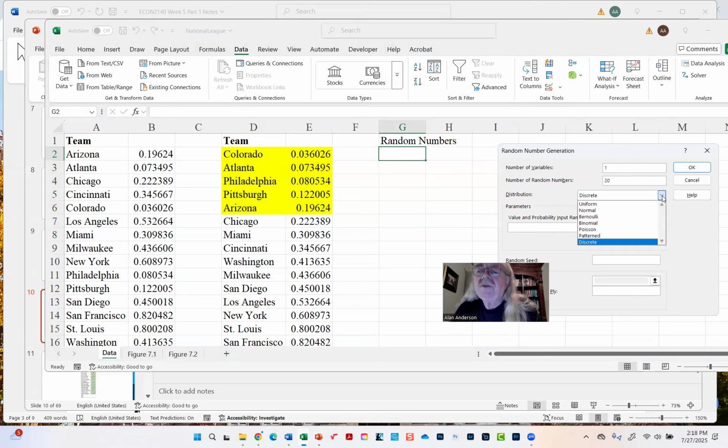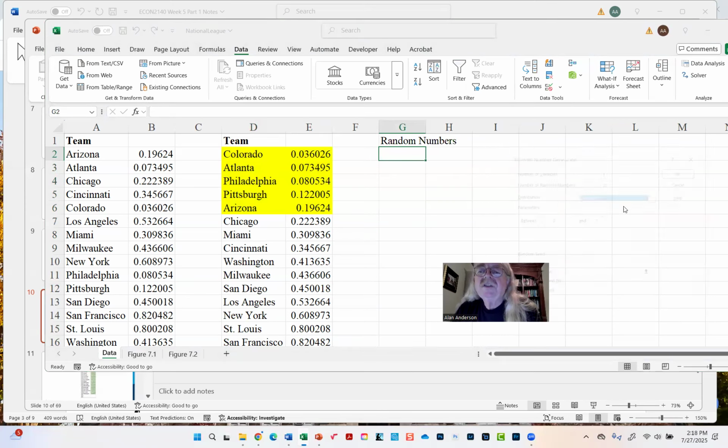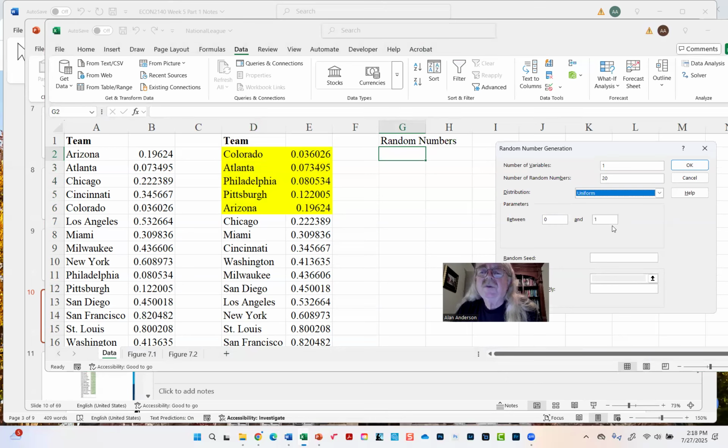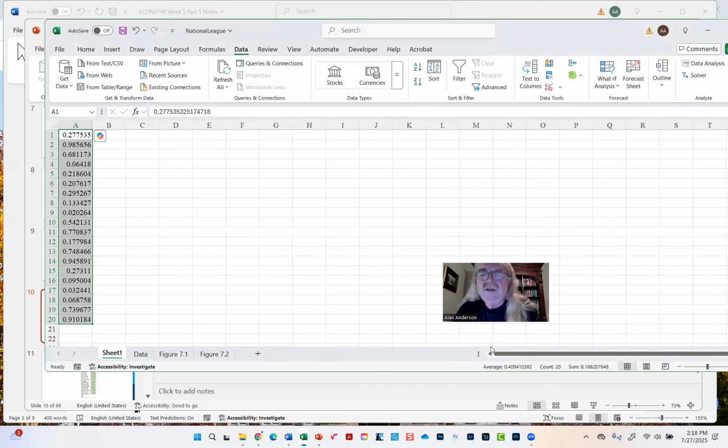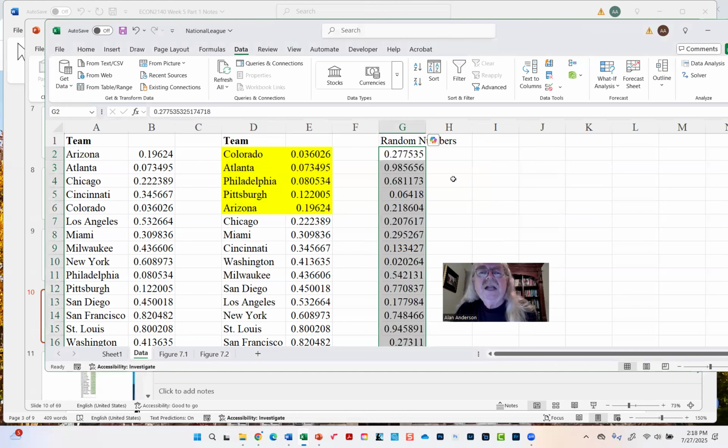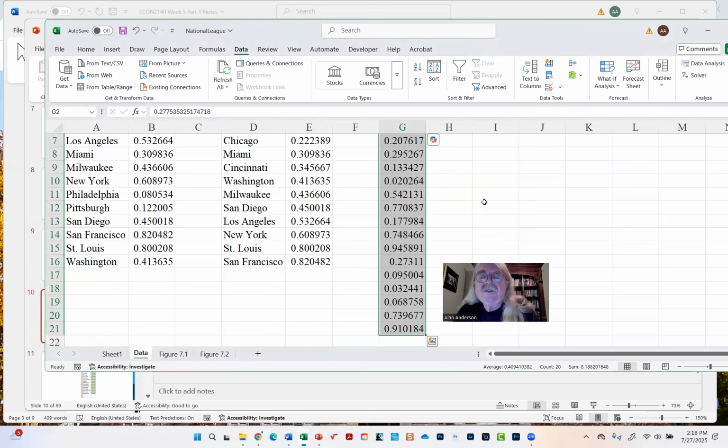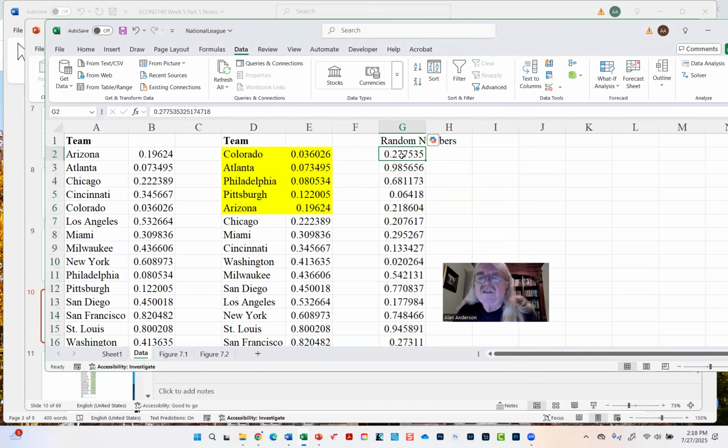Now the distribution for what we just did should be uniform between 0 and 1, but you can see we have others to choose from. And there it is. Oh, see, I moved it to another page. I guess I should have told it where to put them. And there you go. And if you notice, these are not changing. They're fixed constants. So you don't have to fool around with them.